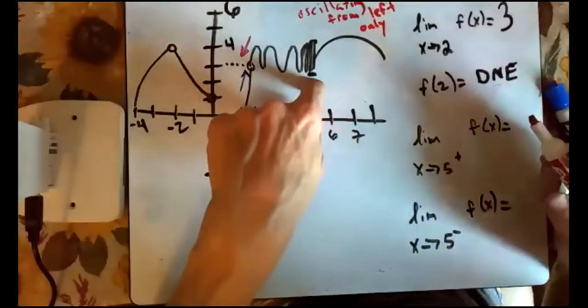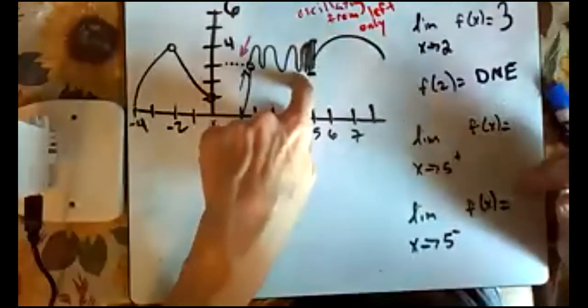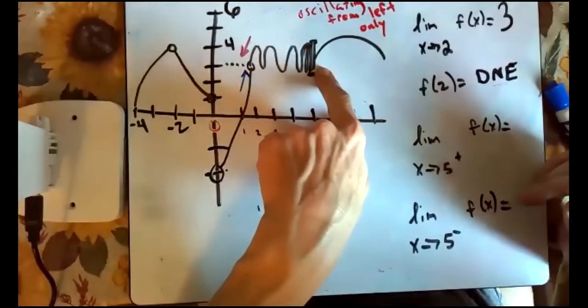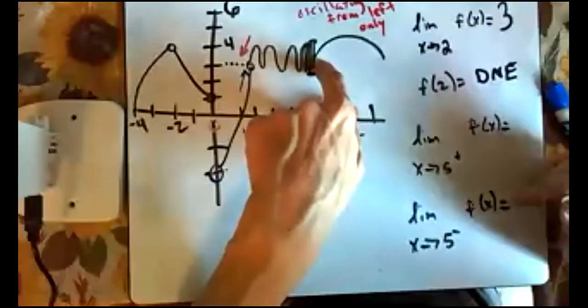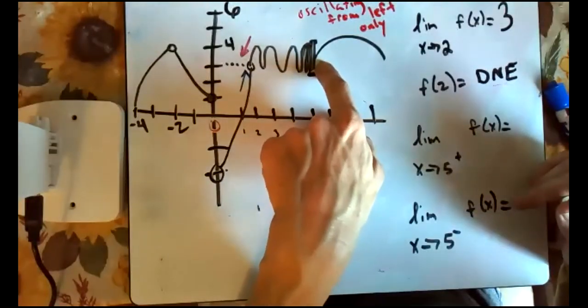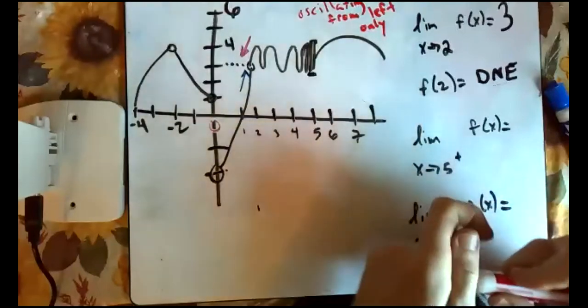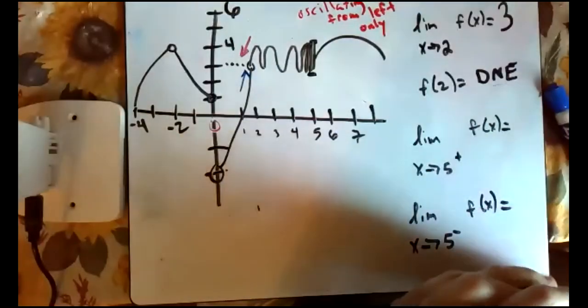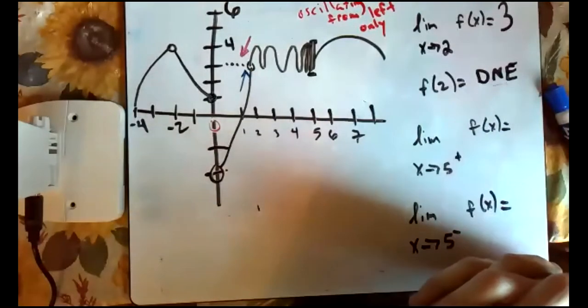Why is it oscillating from the left only? Because it's only squishy from the left. From the right side, it is not oscillating. Okay, it's a nice straight line right there. So make sure y'all pay attention to that, because that will affect these two answers right here.